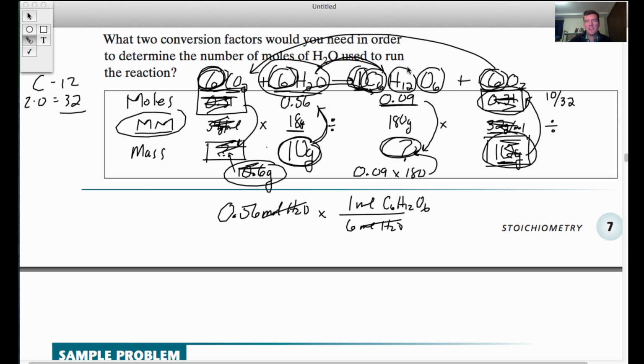Remember, you can only go from one column to another column by using the moles and the mole ratio. So if I was given the mass of the water and I want to get the mass over here, I had to go up to moles, use the coefficients, the mole ratios, and then from there go down to the mass of the glucose.